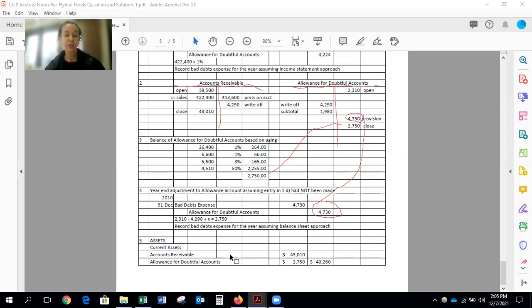Our allowance for doubtful accounts is, I assumed, based on 2,750, which means our net book value is $40,260. That's what it's going to look like on the balance sheet. That's what they're asking. What's the balance sheet presentation? What's it look like?